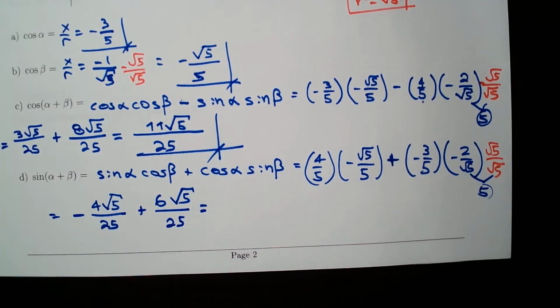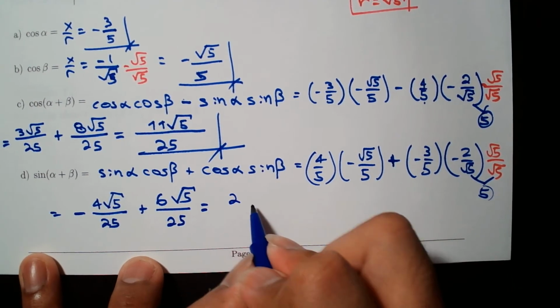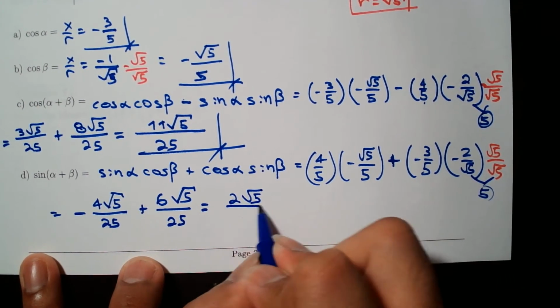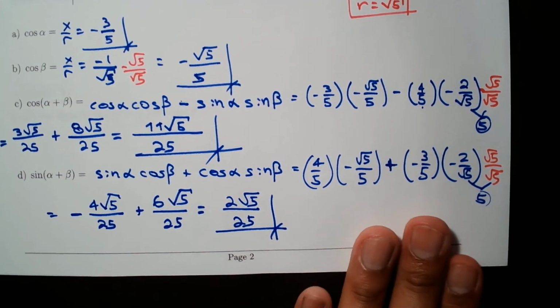And in this case, 6 root of 5 minus 4 root of 5, that's going to give us 2 root of 5 over 25. Final answer for this exercise.